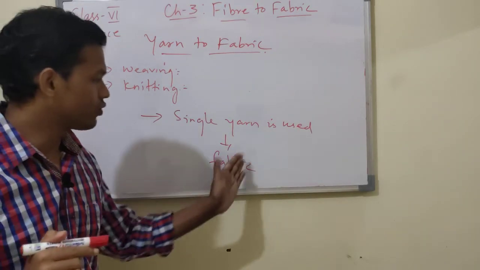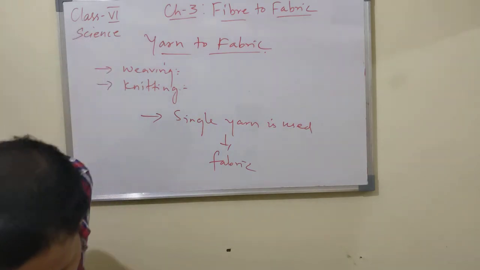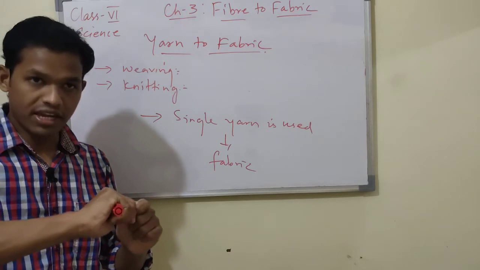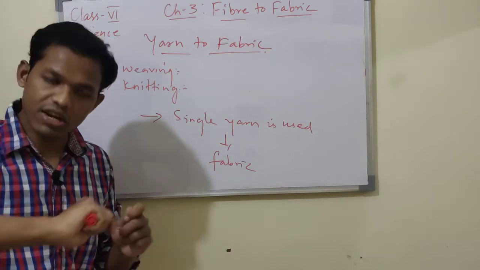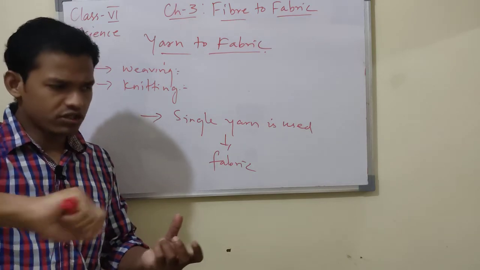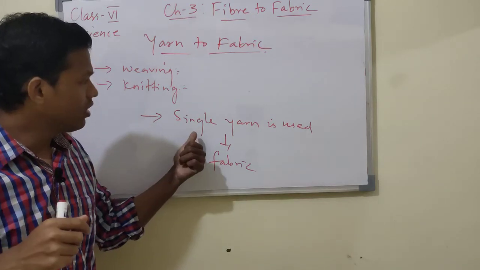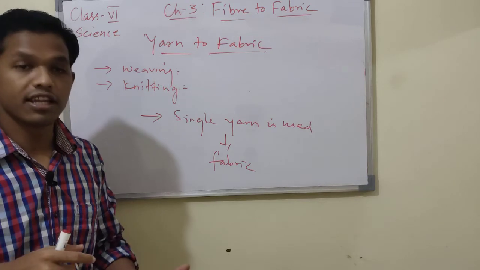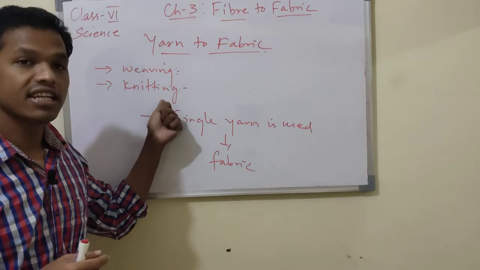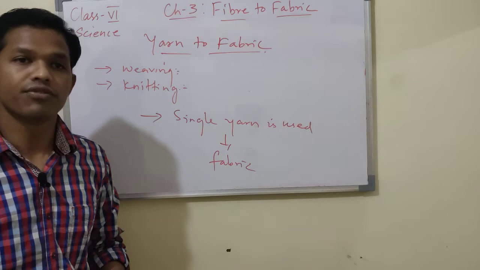Have you ever experienced pulling one yarn continuously, it will come out, continuously the yarn will come out, and you will find there is no fabric left. So these are knitted by a single yarn that is continuously knitted throughout the fabric.